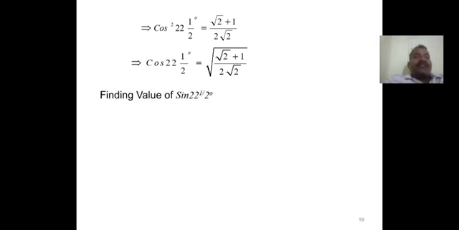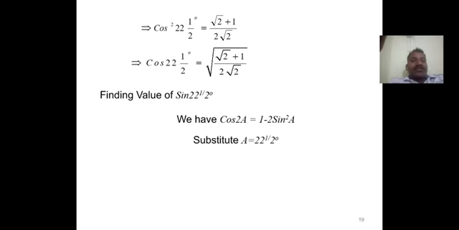Now similarly we can find sin 22 and half also. For this sin 22 and half, cos 2a formula is 1 minus 2 sin square a. So substitute a equal to 22 and half. So cos 45 is cos 2 into 22 and half, that equal to 1 minus 2 sin square 22 and half.